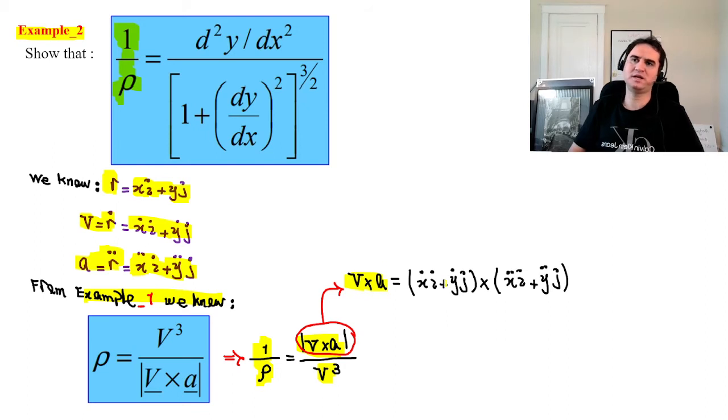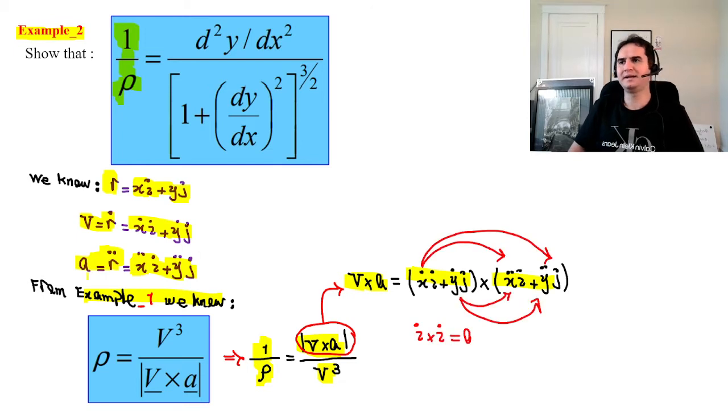V cross product a comes from this part, r and v, v and a, and again the component of i cross product i goes by 0, and it just gives you x dot y double dot k minus y dot x double dot k. And again, because we are working with the absolute value, forget about the unit vectors.